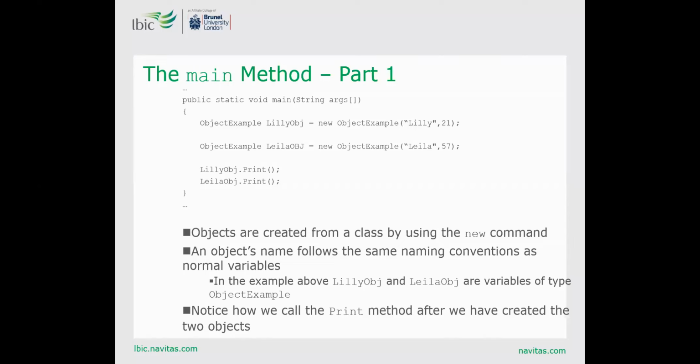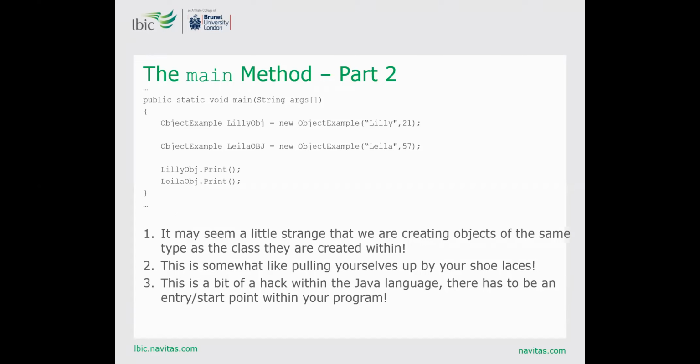So I just wanted to tell you that within the main method, which is void and doesn't return anything, we do have this style. What we're gonna do, I'm gonna explain in the next part. It may seem a little strange that we are creating an object of the same type as the class. Do you know why?